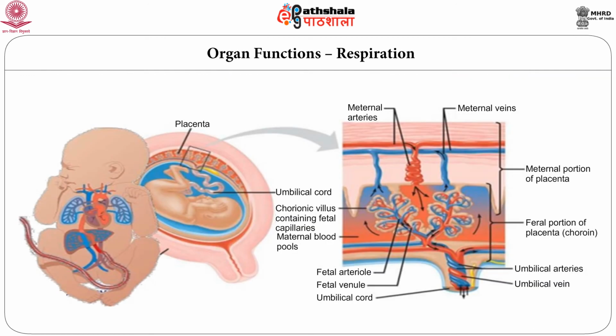Coming to respiration. Respiratory adaptation occurs during pregnancy to provide for both maternal and fetal needs. The enlarging uterus results in increased intra-abdominal pressure and elevation of the diaphragm by as much as 4 centimeters. As a result, thoracic breathing replaces intra-abdominal breathing.